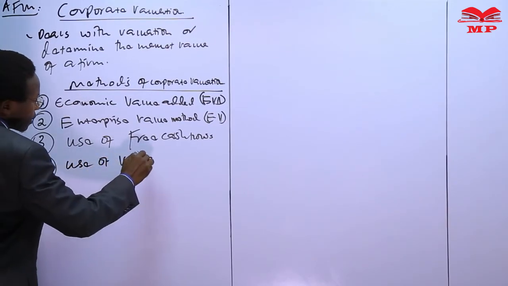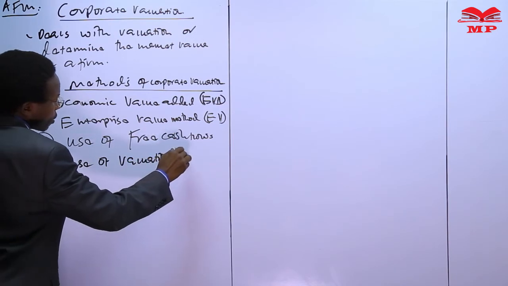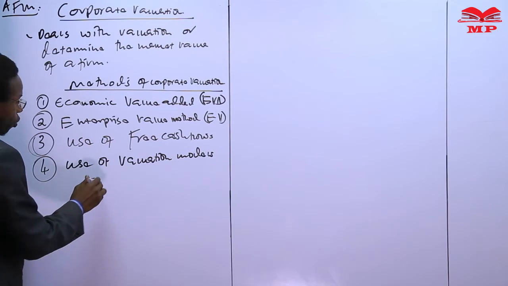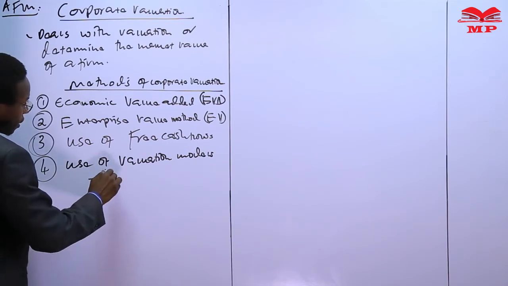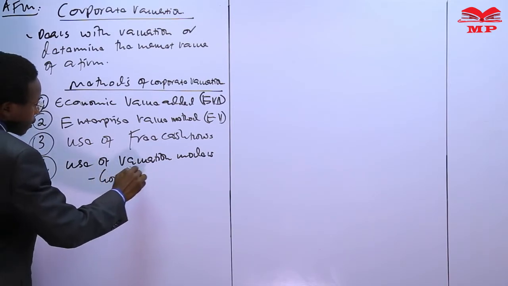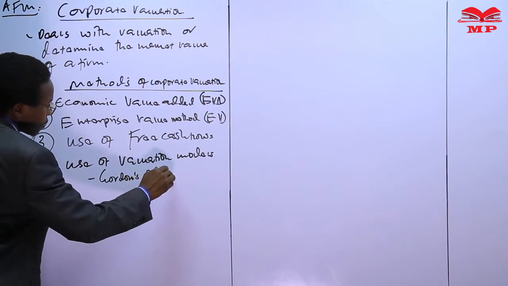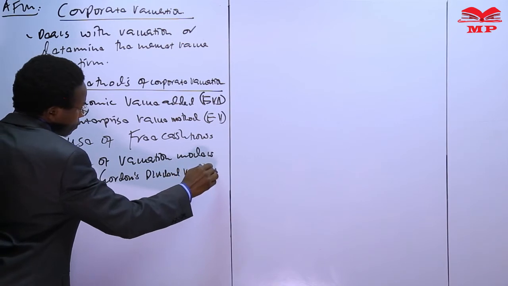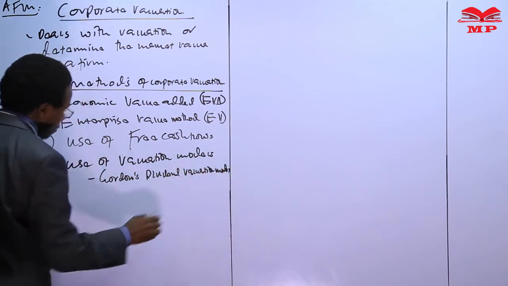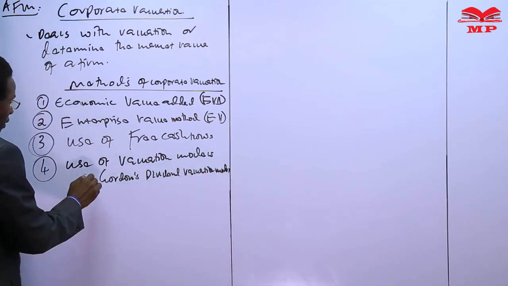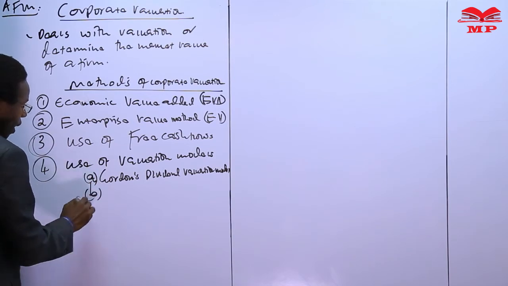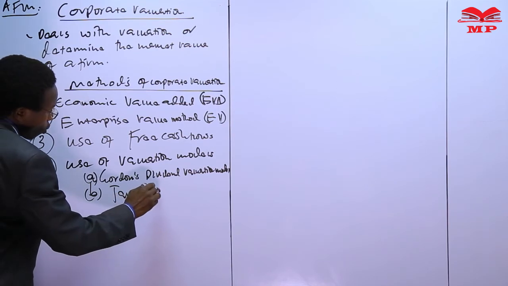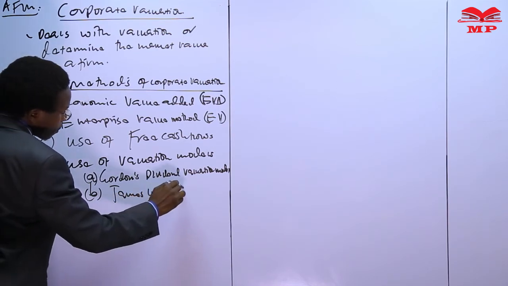Then the use of valuation models. Now these valuation models, one will be Gordon's dividend valuation model. B, we have the James Walter model.